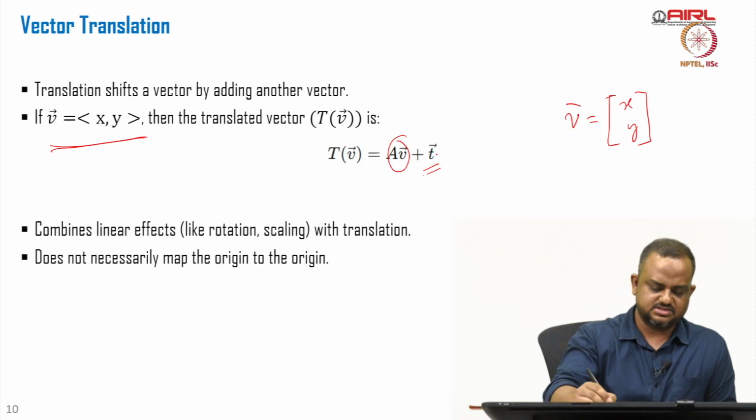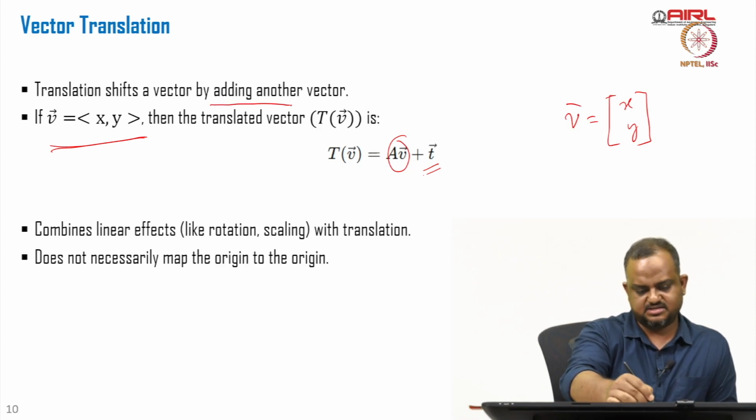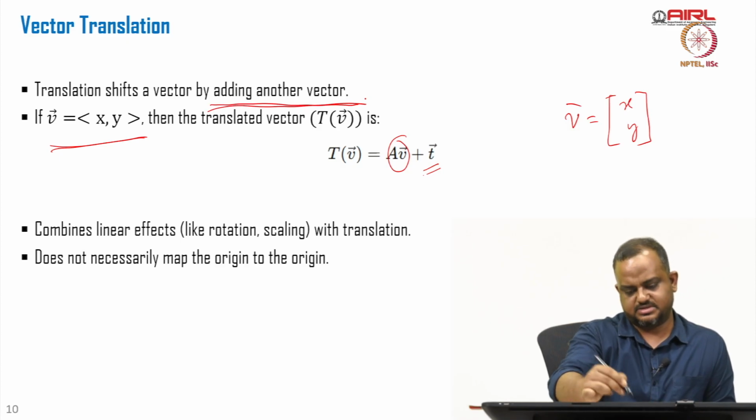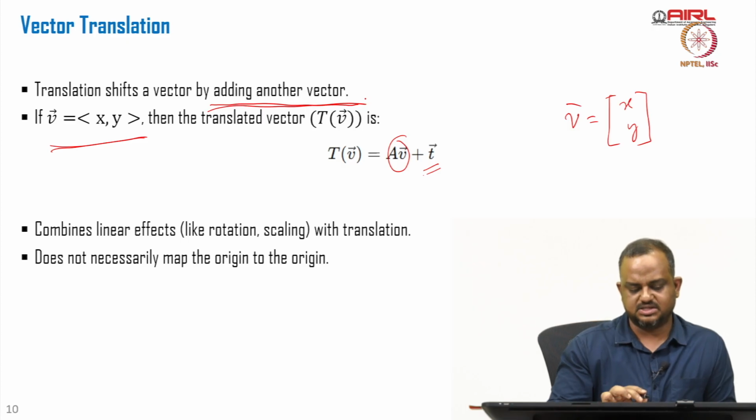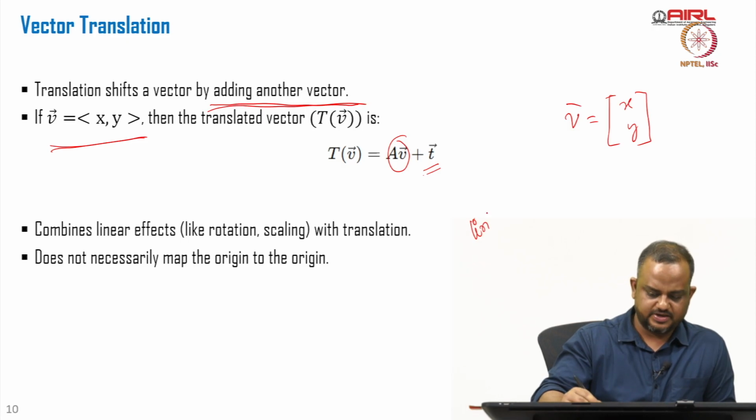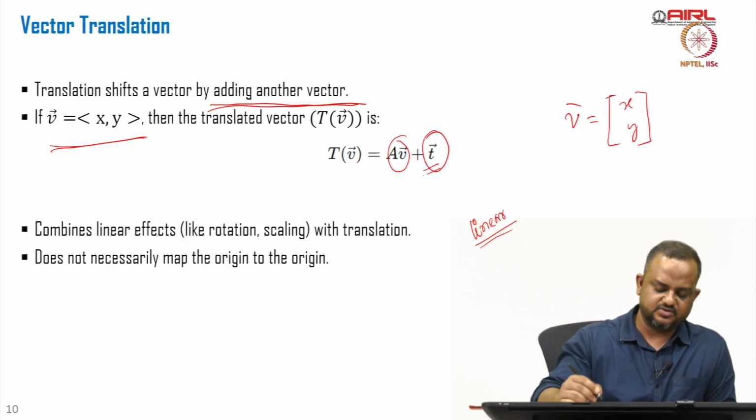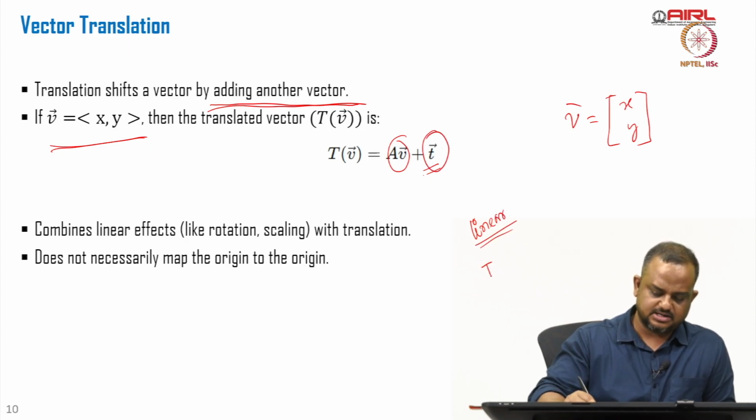That's why when this adding of another vector happens, it doesn't remain a linear transformation, because you can check that because of adding this particular vector, the condition that the origin is always mapped to itself doesn't hold.